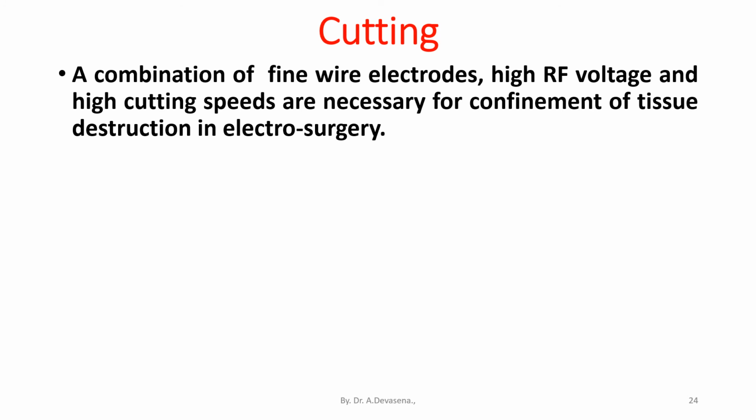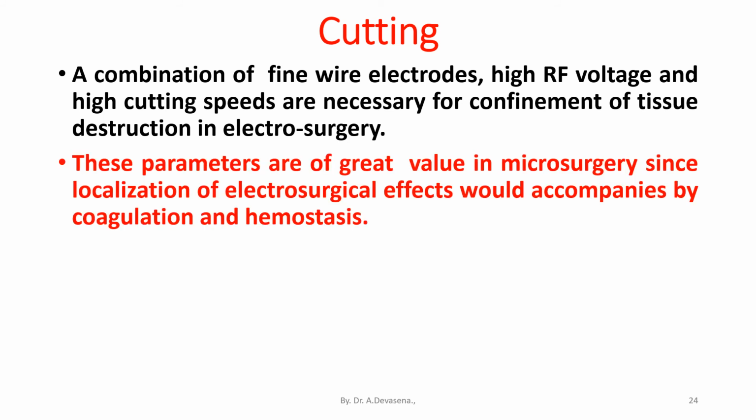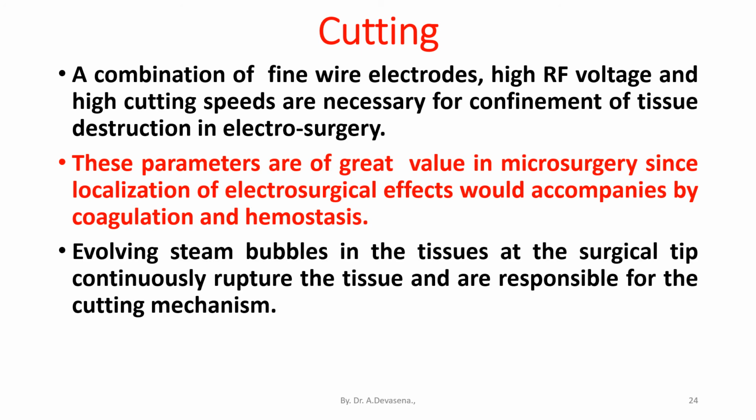Cutting process. A combination of fine wire electrodes, high RF voltage and high cutting speeds are necessary for confinement of tissue destruction in electrosurgery. These parameters are of great value in microsurgery since localization of electrosurgical effects would be accompanied by coagulation and hemostasis.